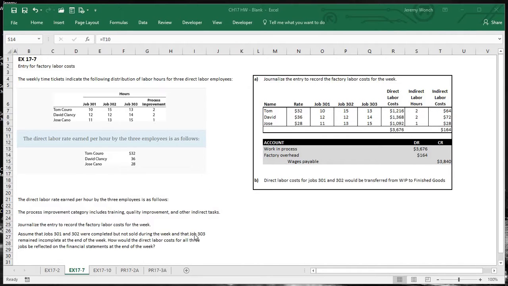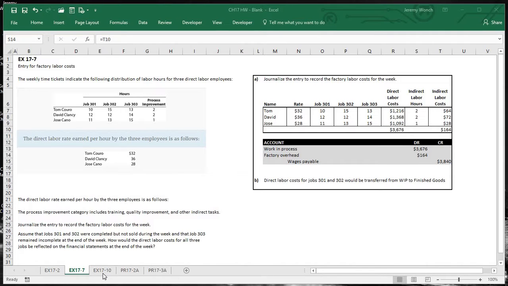For the job that hasn't been completed, those labor hours would just stay in work in process until it was finished. We recorded it in work in process as it was earned, and as it's finished, it goes out of work in process into finished goods.